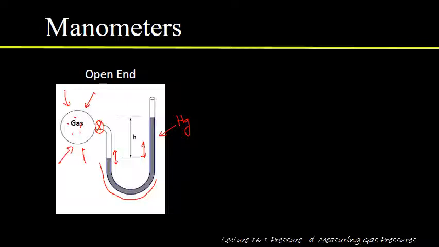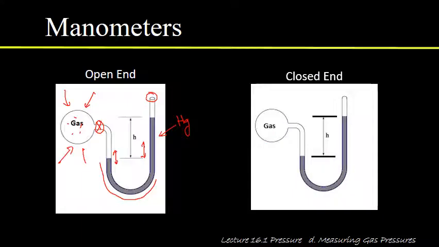Okay. There are two kinds of manometers, as we said before. This is an open-end manometer, and what that means is that this end of the tube right here is open, so that it's exposed to the atmosphere. Right, so that's just like an open tube, like the top of a drinking straw. The other kind of manometer is a closed-end manometer, and it's the same as the open end in all respects.